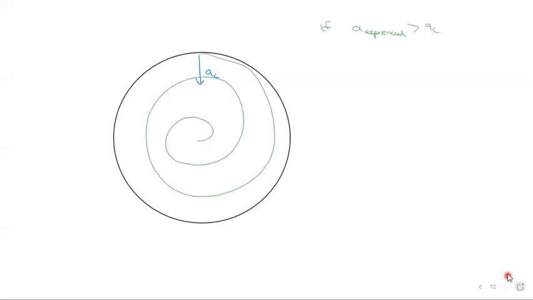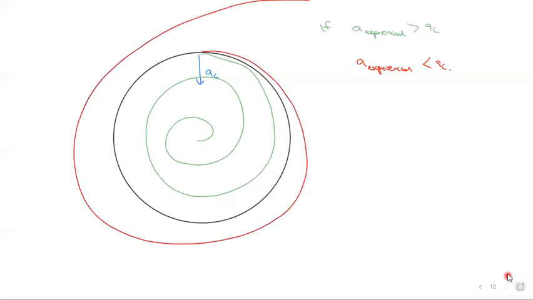If it is less than a_c, you're going to spiral out. So only if a equals a_c, no more, no less, is a circle maintained.